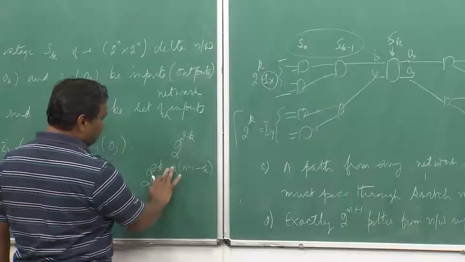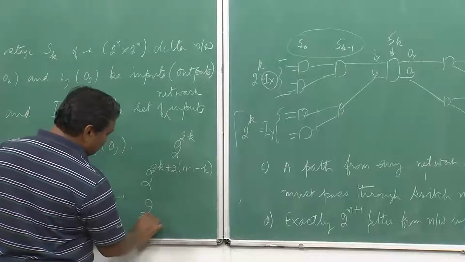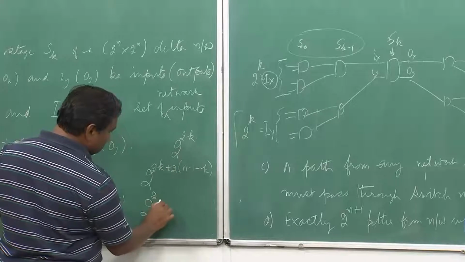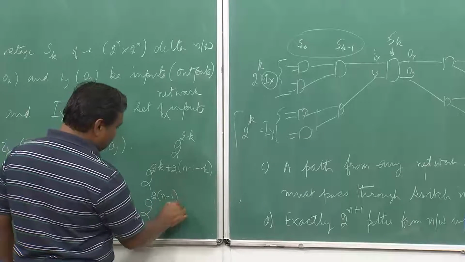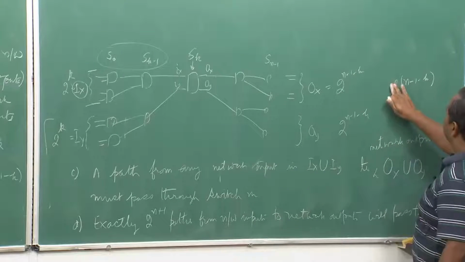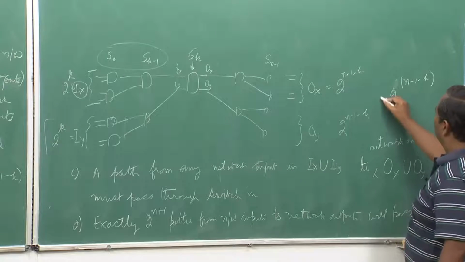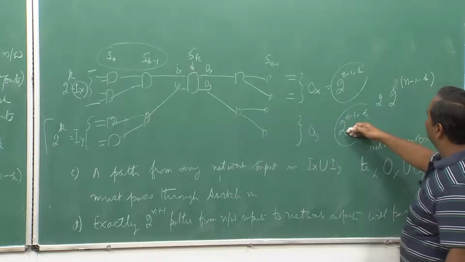Sorry, these numbers have to be multiplied, so the exponents will be added actually. So, this will give me 2 raised power 2 into n minus 1. Okay. So, this has to be multiplied by 2. This is one set, this is a total set, I have to add these two.